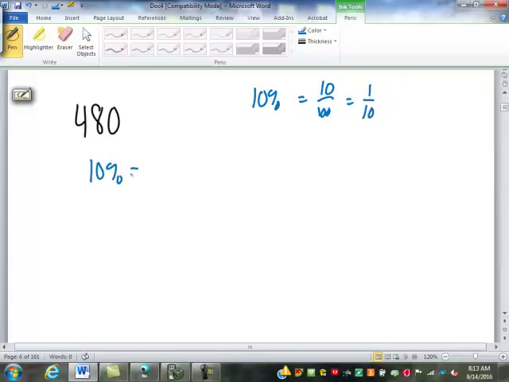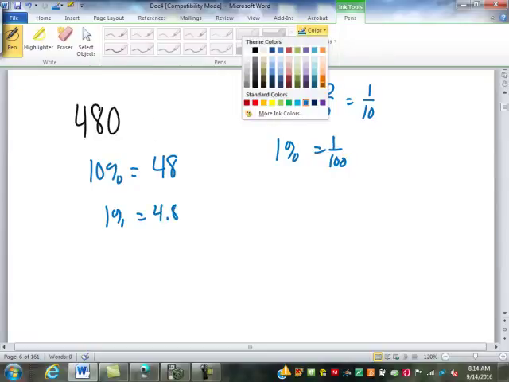So 10% of 480 would be what? What's 1/10 of 480? Just 48, right? You move the decimal point over one spot or drop the 0 or whatever. 1% is 1 out of 100. 1% of 480 would be just 4.8. Just moving the decimal over 2 spots.